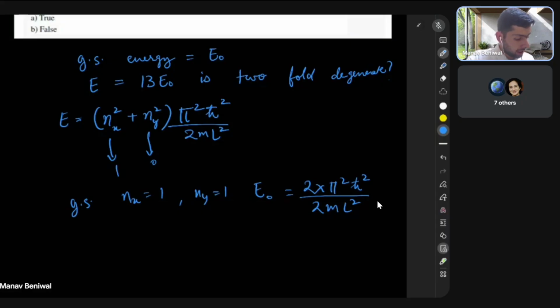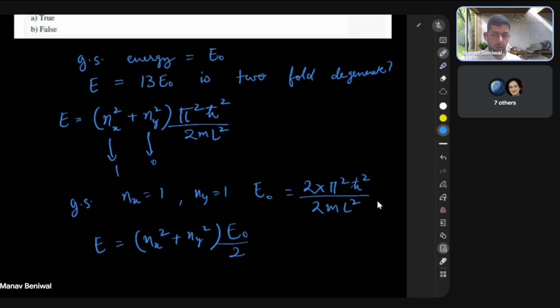Now the energy E is 13 times E naught. So basically E is nx squared plus ny squared times the coefficient, and if we write it in terms of E naught, this coefficient is simply E naught by 2, right?